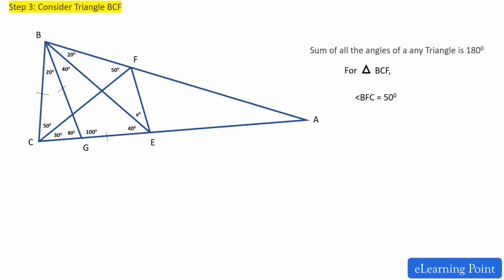You can see here one angle is 50 degrees and the second is 40 plus 20 plus 20. So 80 plus 50 is 130. So 130 is the sum of two angles. So 180 minus 130 is 50 degrees. So again BFC is an isosceles triangle. Based on this, you can see that BC equals BF.